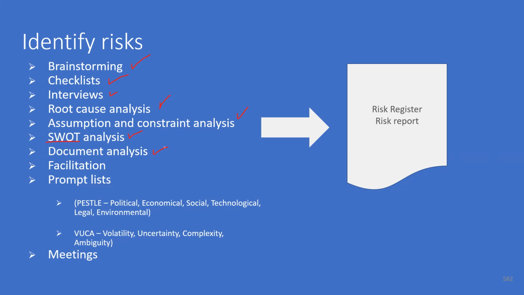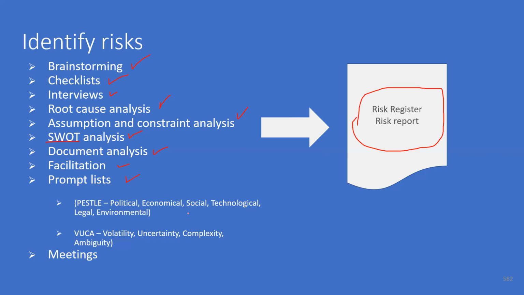Sometimes there is a saying that anything for which you are unable to write a test case is a possible risk. Facilitation skills, prompt lists. We can use all or some of these tools for identifying the risk, and the captured risks are recorded in a risk register or risk report.